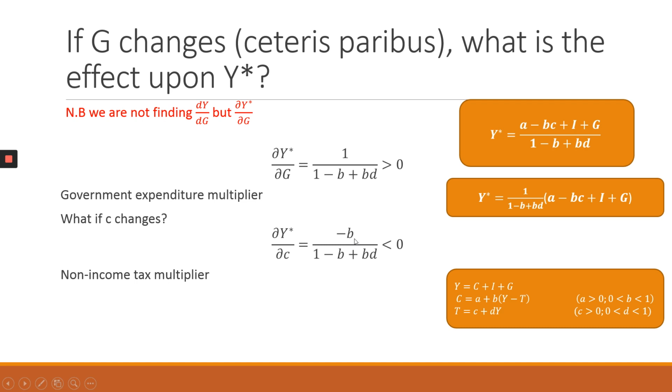So b is a fraction, b is a fraction, d is a fraction, right? So if you simplify this, minus a fraction over 1 minus a fraction plus fraction times fraction, the final solution is definitely going to be less than 0. So we know that this non-income tax multiplier is negative.